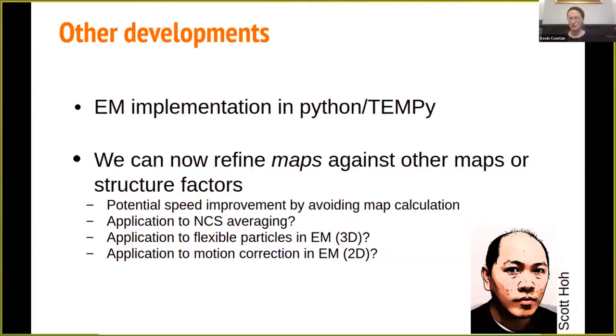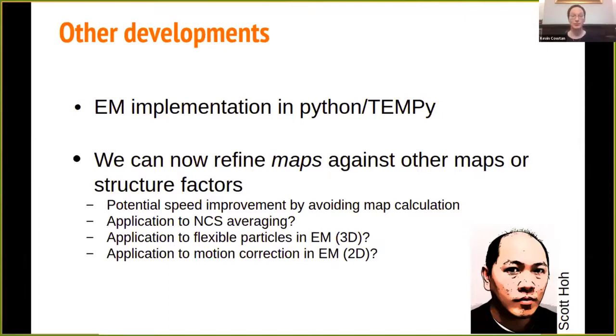There are lots of potential applications of this, although none that we really have yet. So we're interested in ideas, if this fits a problem that you're interested in. So for example, we could now produce flexible NCS averaging, where we allow the different NCS copies which are averaging together to be flexible within any individual domain.